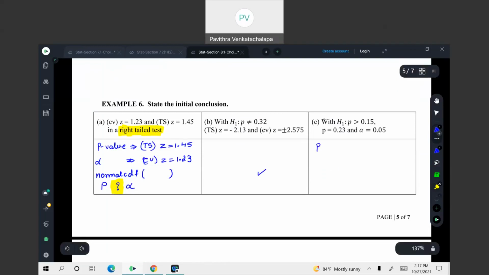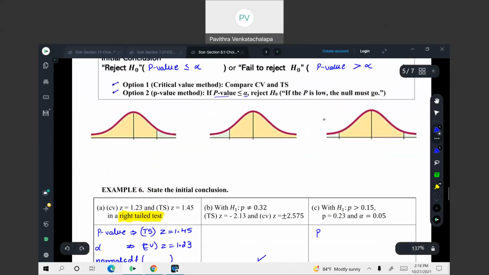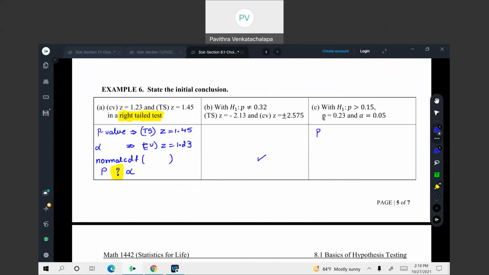Here the p-value is 0.23, is it less than or equal to alpha, 0.03? 0.23 is not less than 0.03, so you fail to reject what?